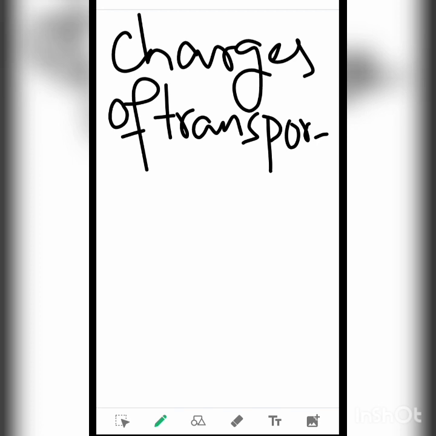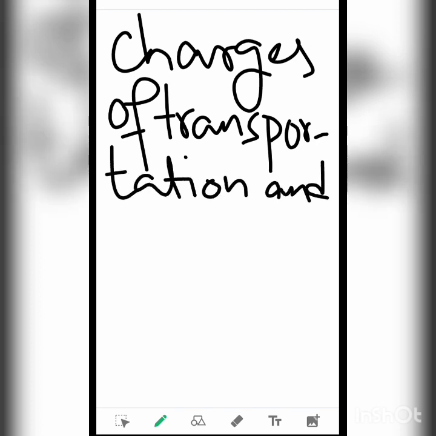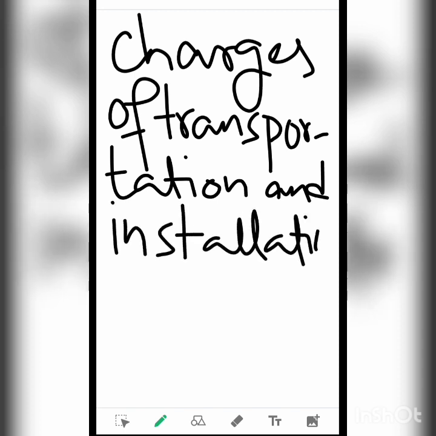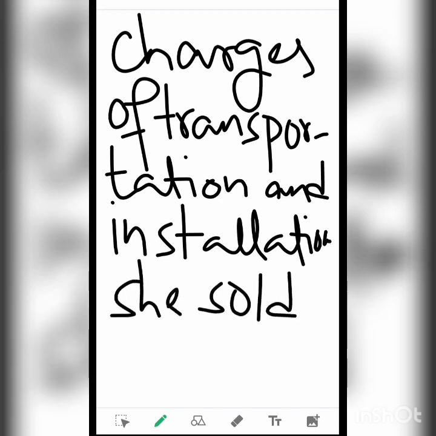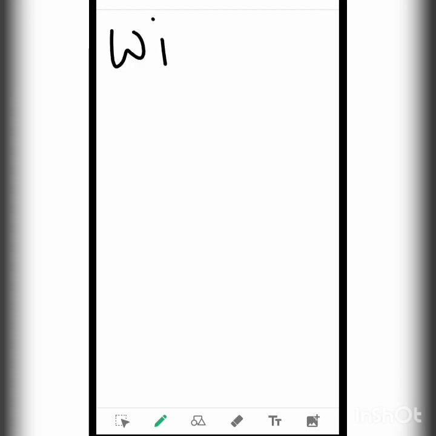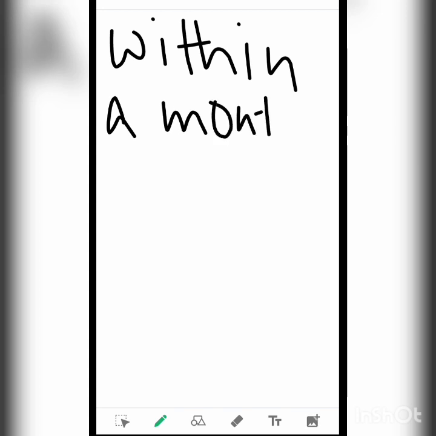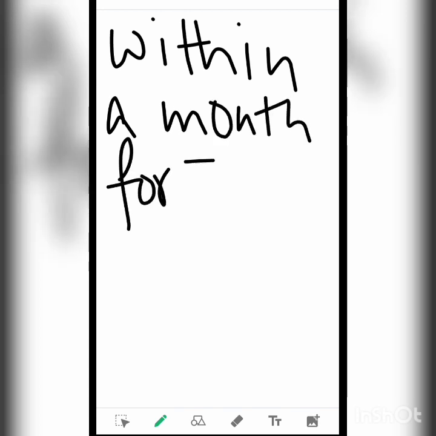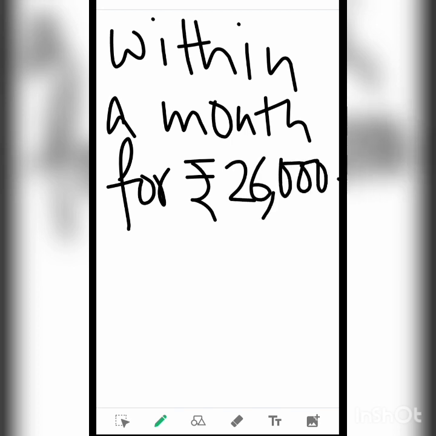Transportation means carrying cost, and installation. She sold the TV within a month. She did not like it and sold it for rupees 26,000. Find her loss.